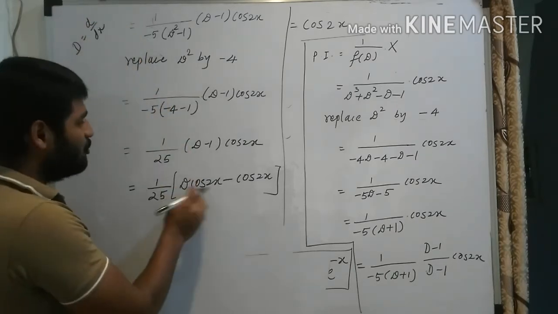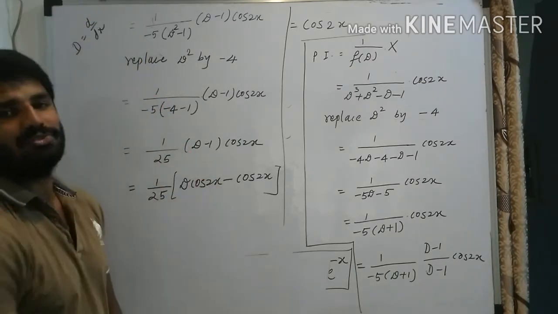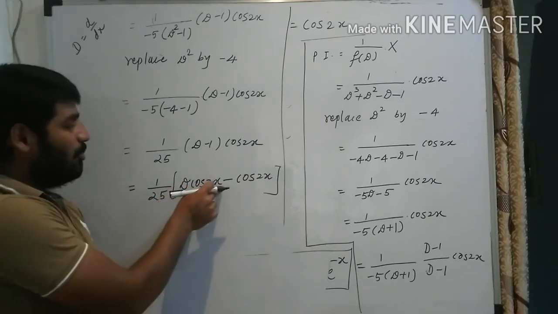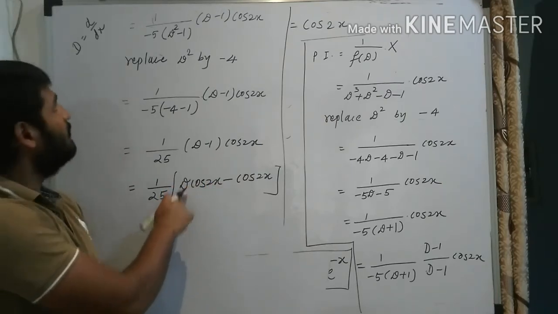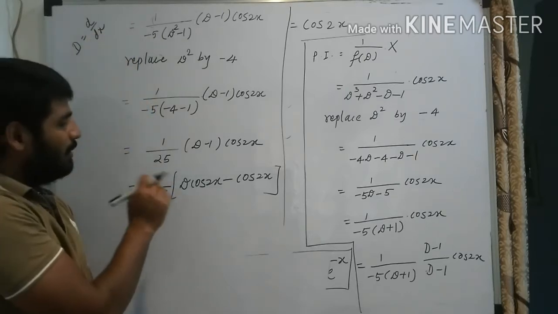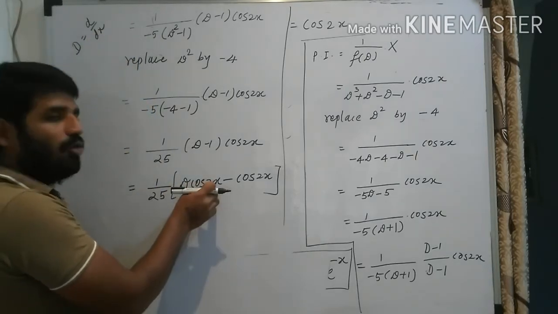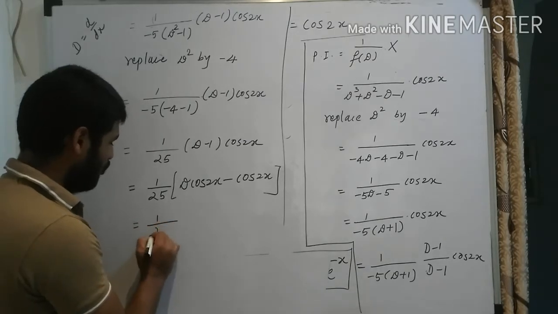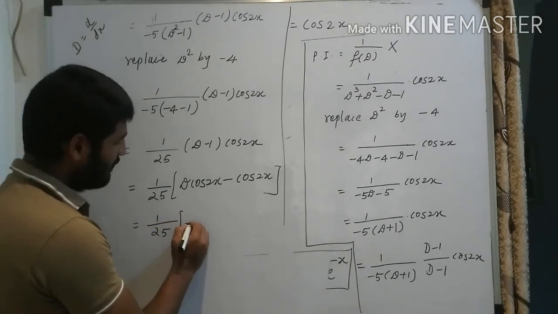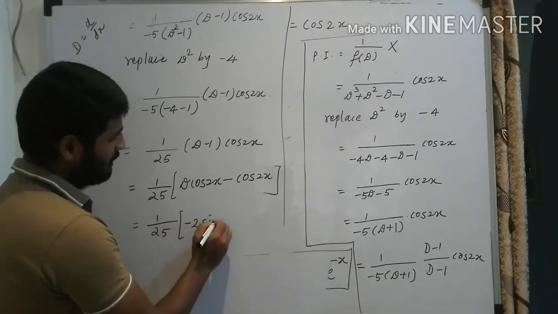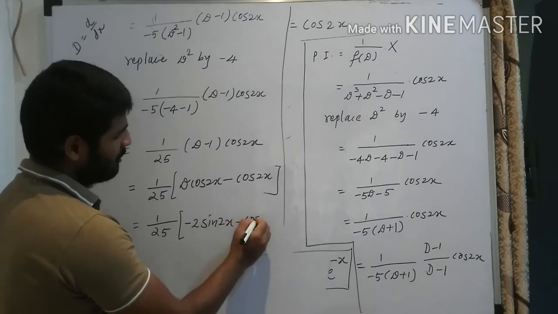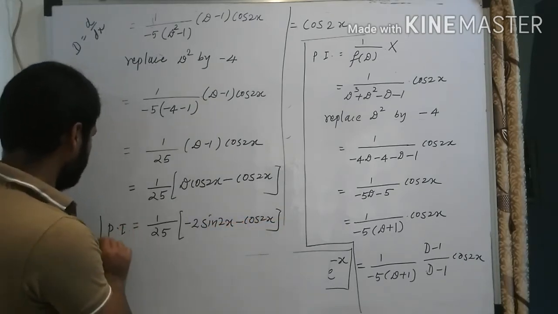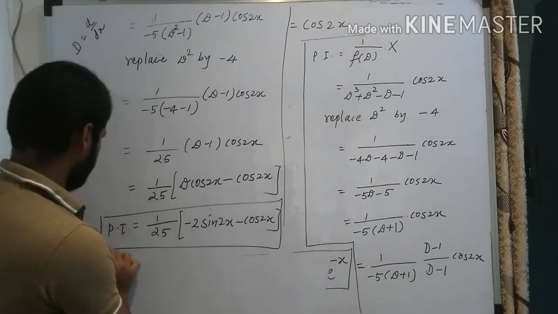So d by dx of cos 2x, that means the derivative of cos 2x. Are you getting my point? D means differential operator, d by dx. So we have to take the derivative of cos 2x, that is minus 2 times sin 2x, minus cos 2x as it is. So this is your required particular integral.